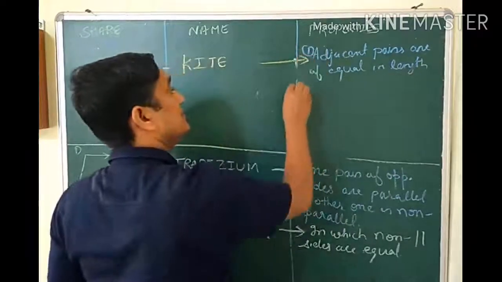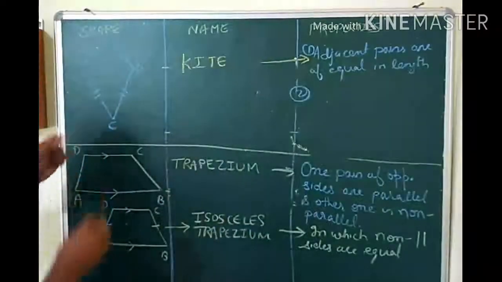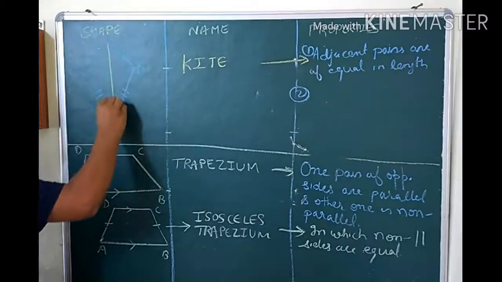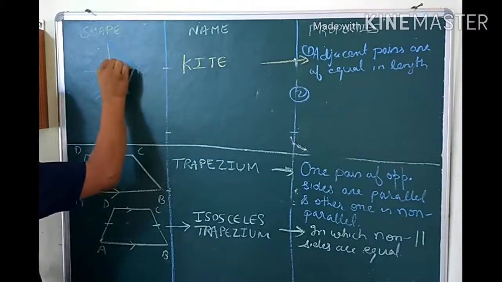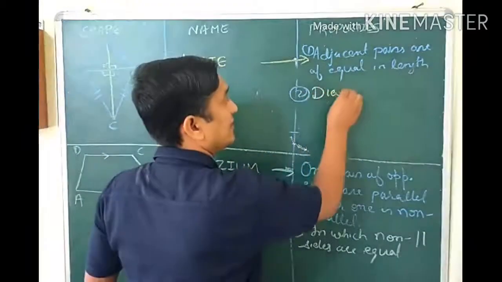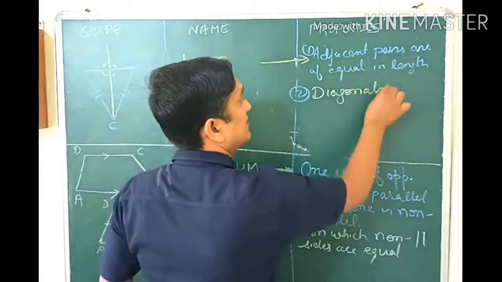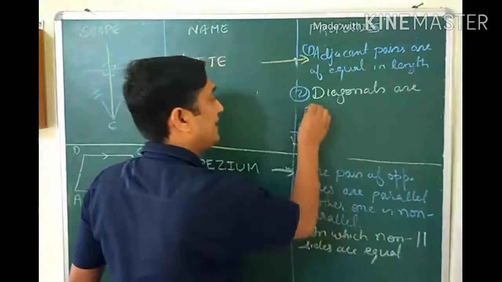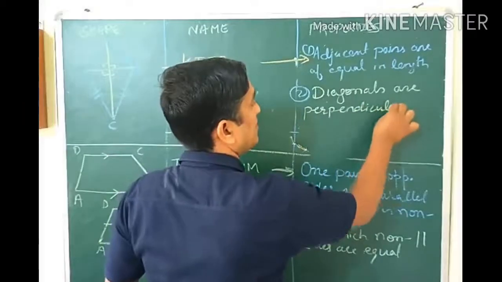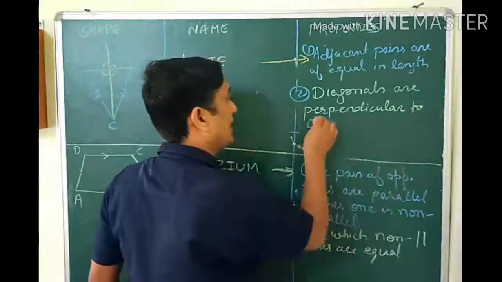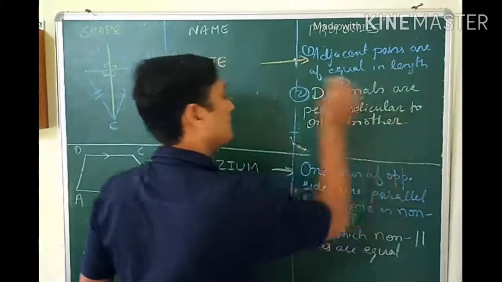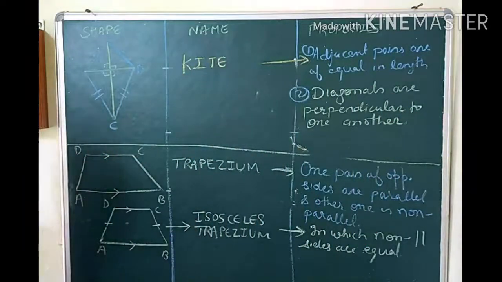And second, the diagonals of this kite are perpendicular to one another.